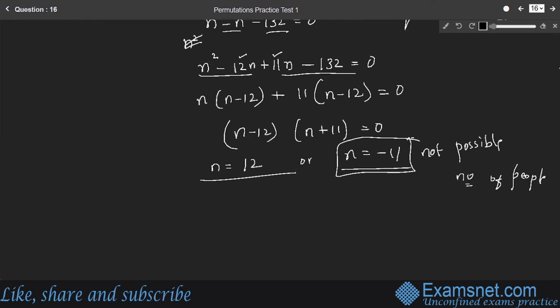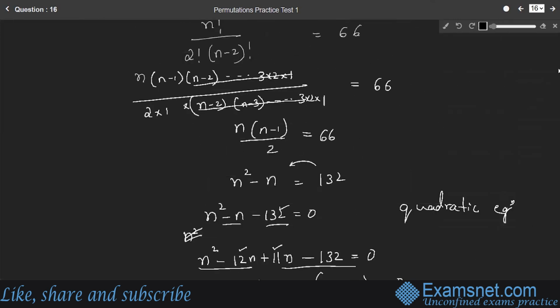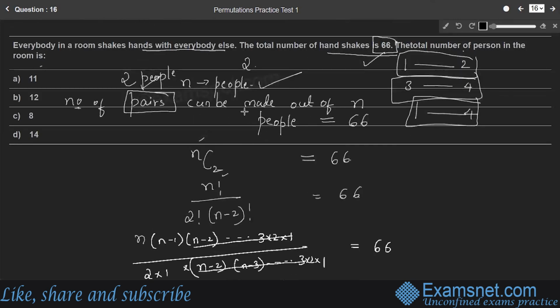Therefore, the value of n, the number of people in that room, is equal to 12, so that each person shakes hands with everybody else and the total number of handshakes becomes 66. So option B is the right answer. The total number of persons in that room is 12.